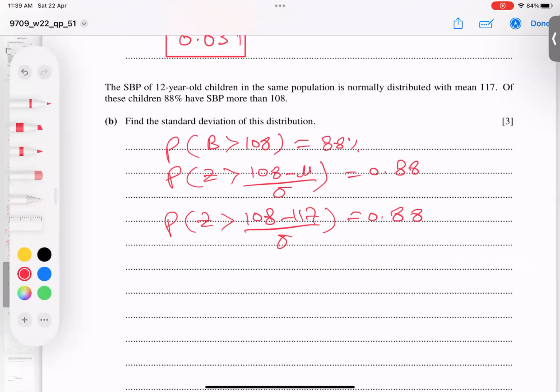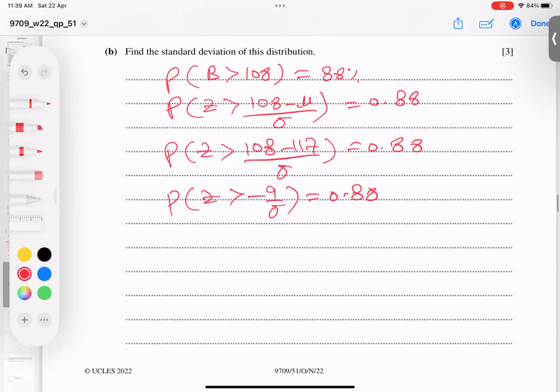And when I check it, 117 minus 108, subtract, I get 9, so negative 9 actually. Now it is visible that these values are negative because of the negative sign. So negative 9 over sigma.